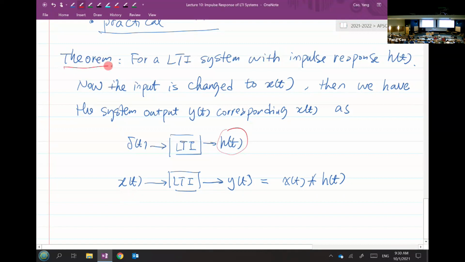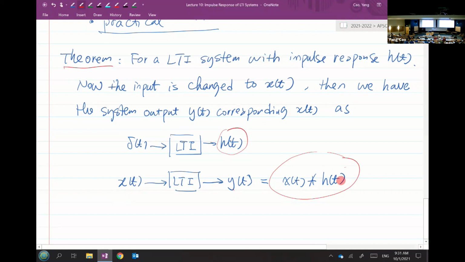Then according to this theorem, technically you don't need to do anything at all. If you want to know the output for this new input, you just have to convolve the new input with the impulse response h of t. That's what this theorem is telling us.